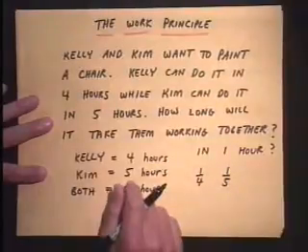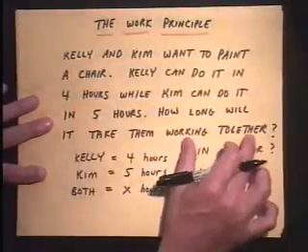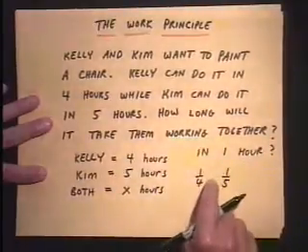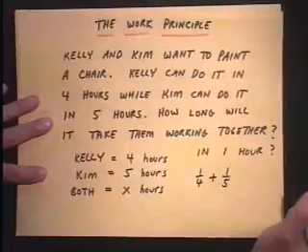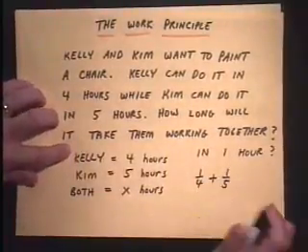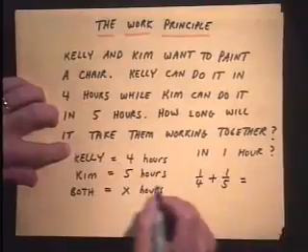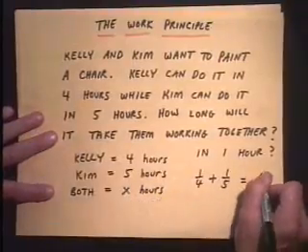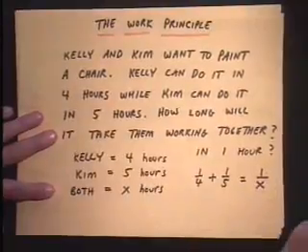Now, we're combining. We're having Kelly and Kim work together, combining their efforts. In math, you know what symbol that is? That's a plus symbol. So we combine Kelly and Kim, and set them equal to the amount of time it takes both. Remember, this is going to come out a number, so we have to be consistent here. We're going to put 1 over X.